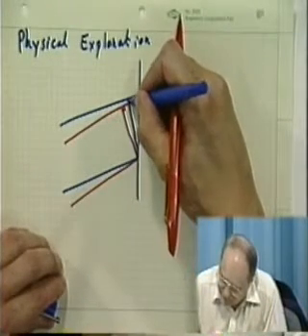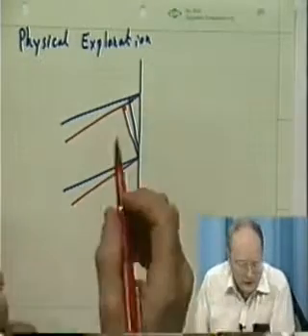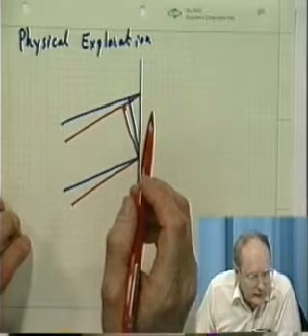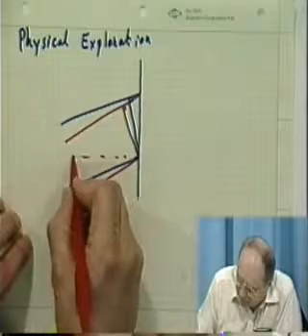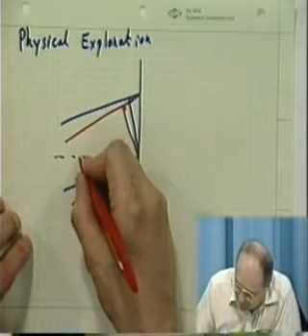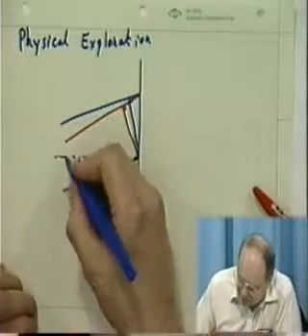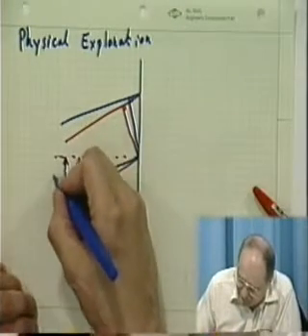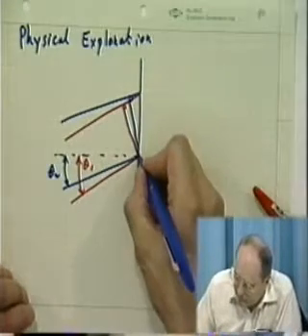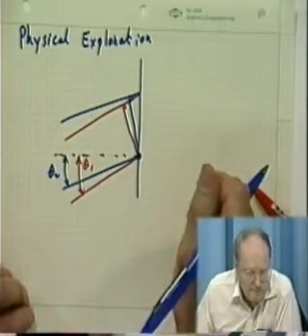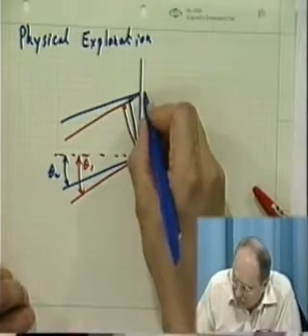One of these makes an angle of theta 1, and for my drawing I make that the larger angle, theta 1. And the smaller angle here is theta 2. And let's say these are in phase right there. Okay? If I look here, and say this distance is delta y.